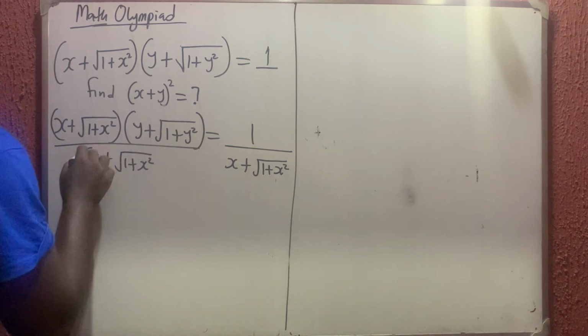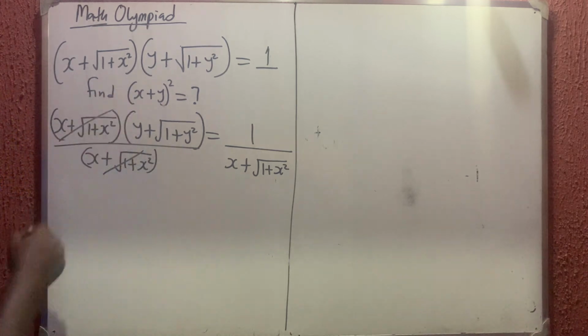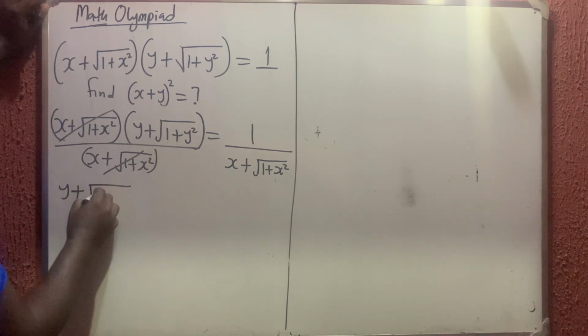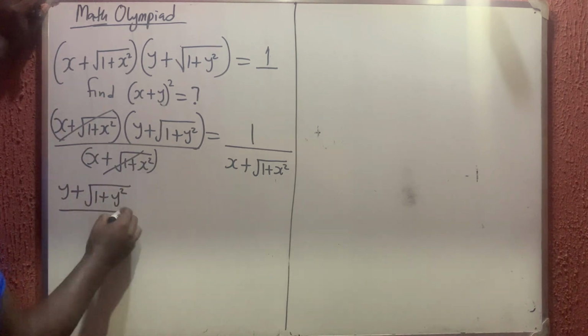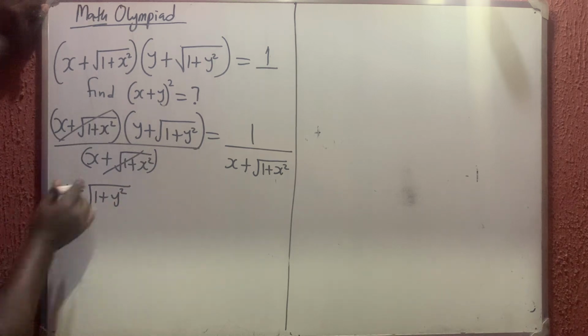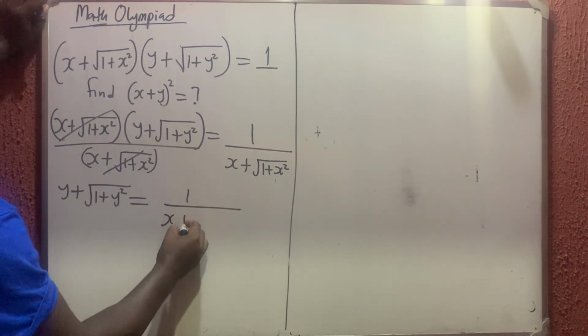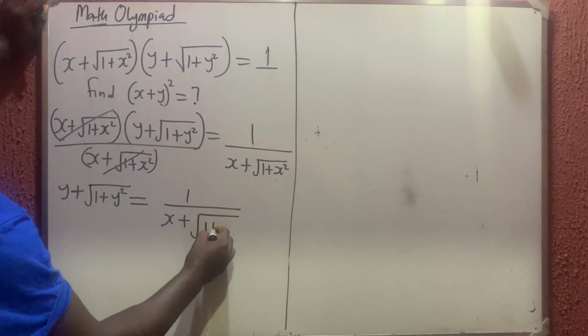Okay, so if this cancels this, I'm left with y + √(1 + y²) is equal to 1 over x + √(1 + x²).